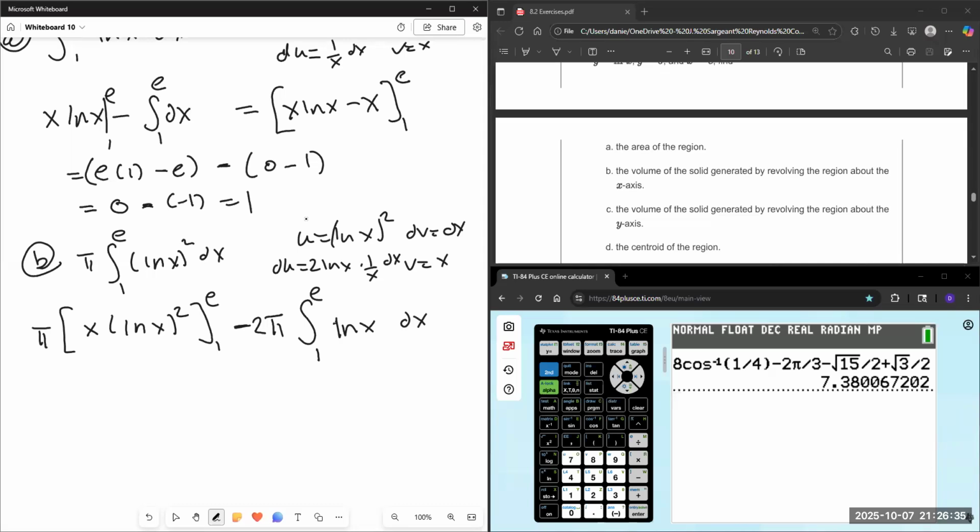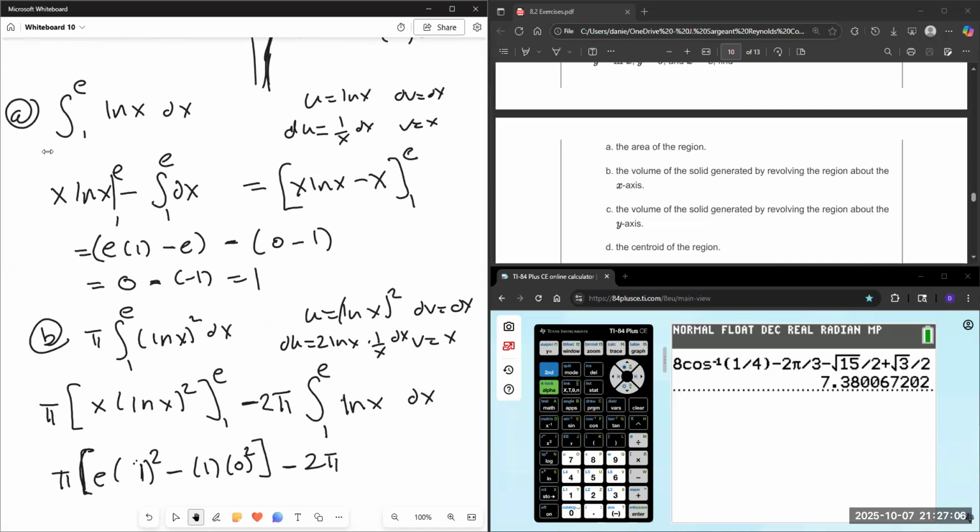And so you have pi times e times ln of e, which is 1, squared, minus 1 times ln of 1, which is 0, squared, minus 2 pi times the integral from 1 to e of ln of x dx, which is right up there.